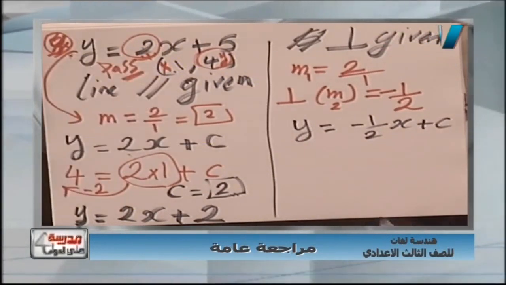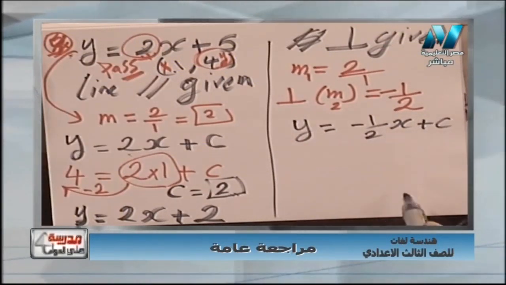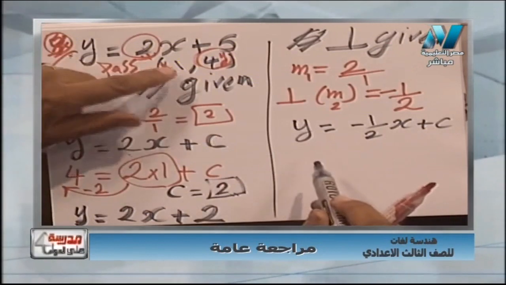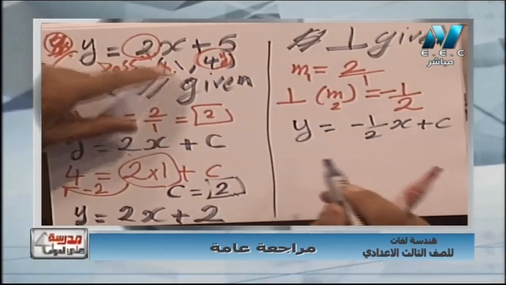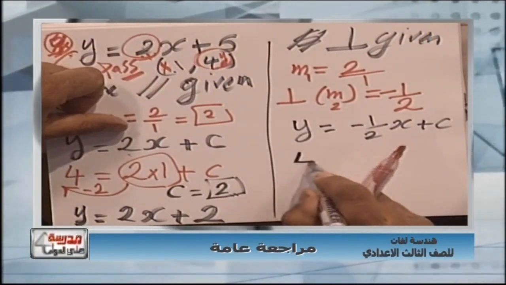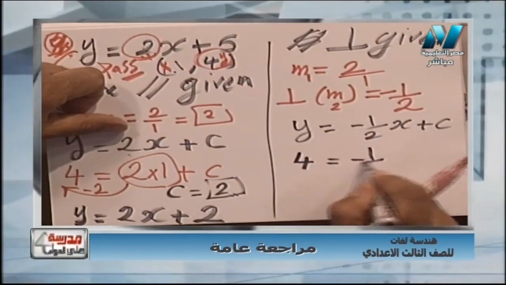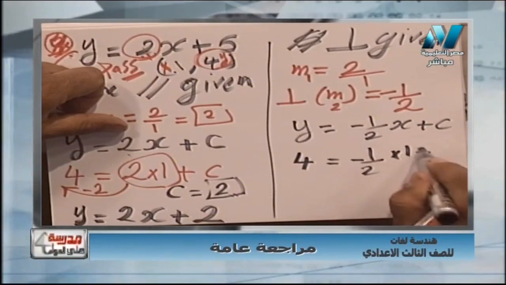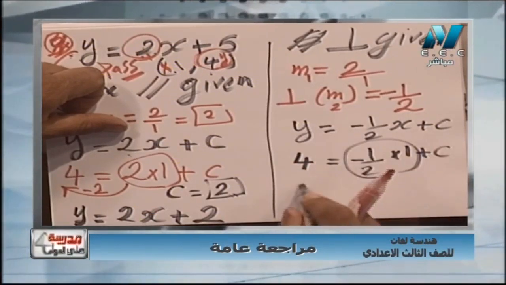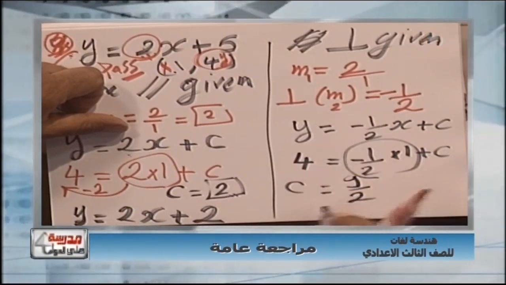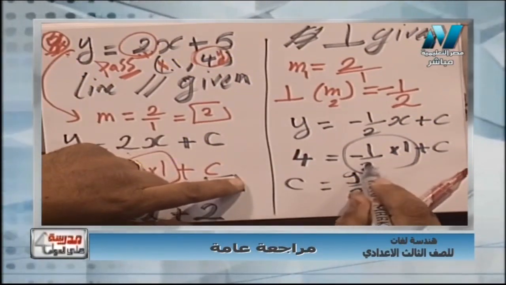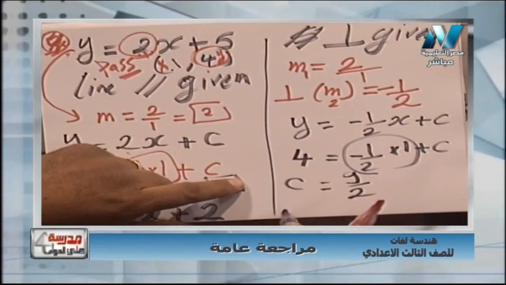How can we get c? Yes, there is a point, 1 and 4. We can replace it, y equals 4, negative half times 1 plus c, by doing your calculations. 4 plus half equals 9 over 2 is negative, and change the side by positive, becomes positive.